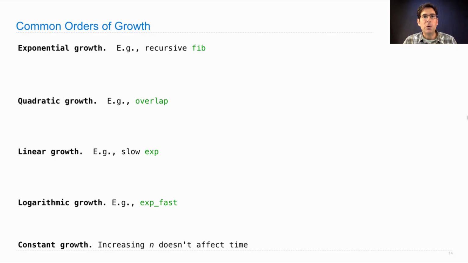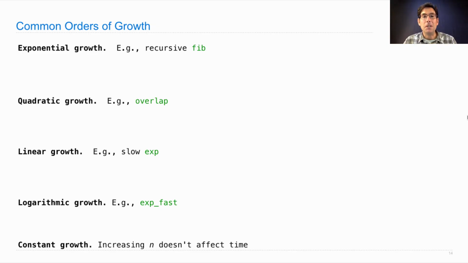So exponential growth is really slow, quadratic growth is slow but common, linear growth is very common, logarithmic growth is great and scales to really large inputs, and constant growth is the best of all. That happens when the input size doesn't affect the time.